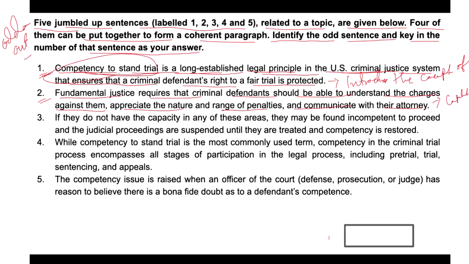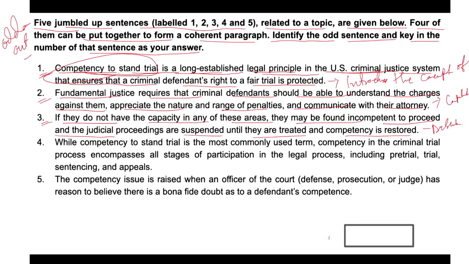Now, third sentence stated, if they do not have the capacity in any of these areas, they may be found incompetent to proceed. So this describes nothing but what? This describes the procedure when a defendant is found incompetent and how proceedings are handled, isn't it? The judicial proceedings are suspended until they are treated and competency is restored, right?